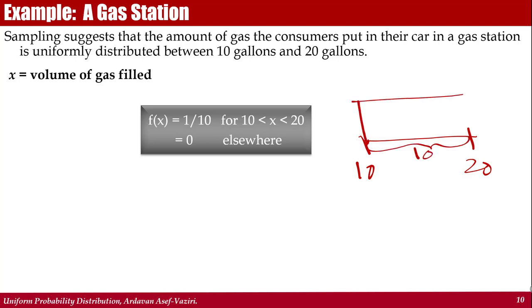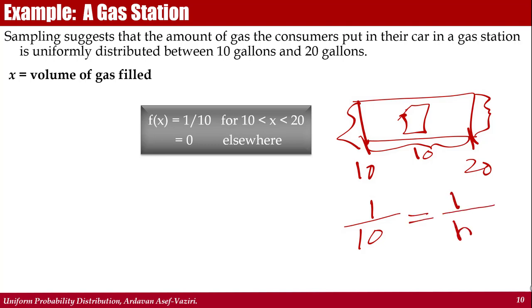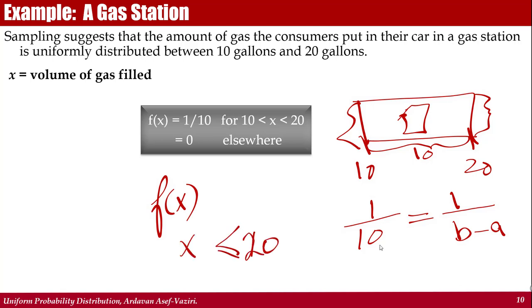This area is equal to 1. Therefore, this height is 1 over 10, or in general, 1 over B minus A. That is f of x, where x is less than or equal to 20 and greater than or equal to 10.